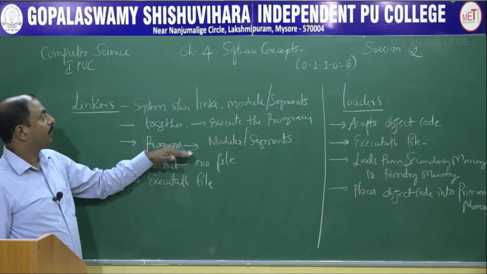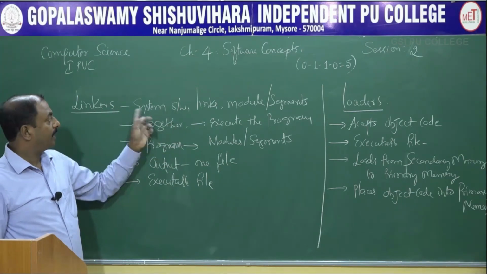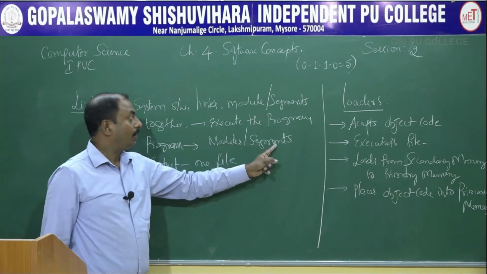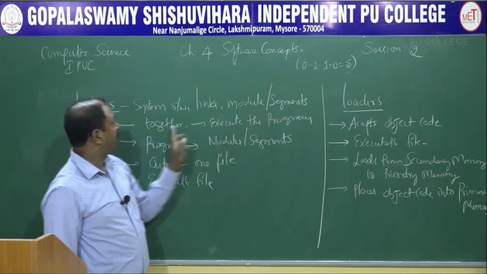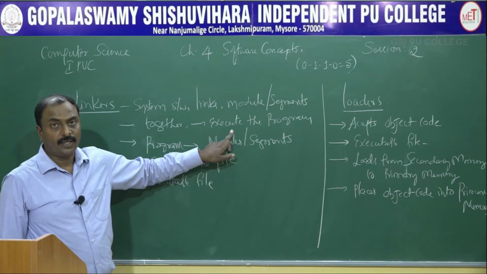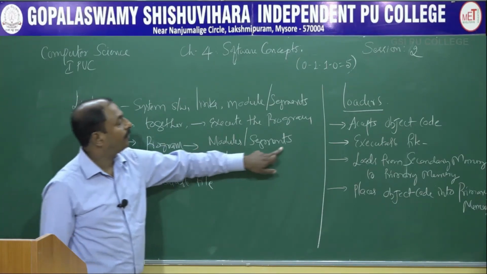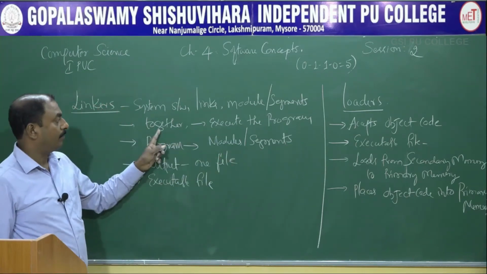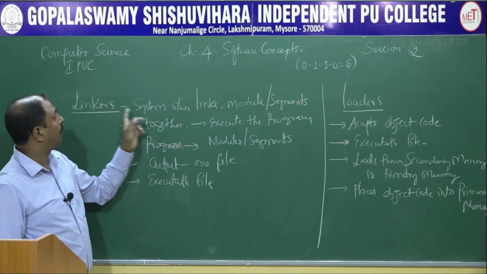And what is the function of these linkers? These linkers are system software which link a number of modules in a program together to form one file, or combine different modules and segments of a program into one program. That is called a linker.